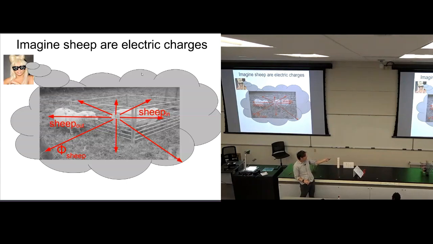Completely irrelevant in terms of the total flux through the pen is the sheep outside the closed surface. So if you've got a charge inside the closed surface, that contributes to the flux through the closed surface. If you've got a charge outside a closed surface, that doesn't contribute to the net flux through the closed surface.